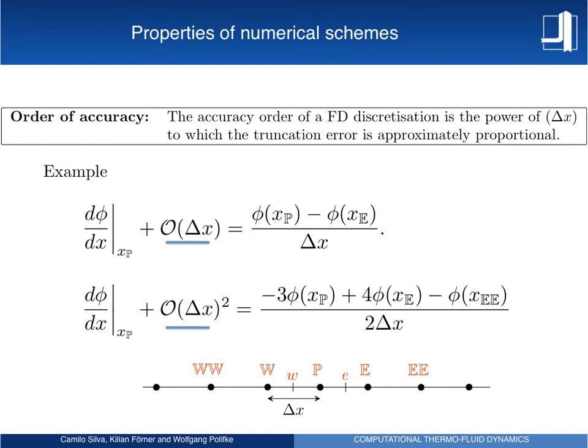So the refinement will show up faster in this numerical scheme than in this one. That is what I meant by the consequence of a refinement in the results.